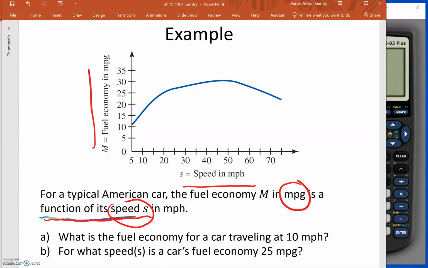All right. So what does our function look like? Well, as we speed up, as we press the accelerator and go faster, right, our fuel economy goes up for a while. So actually, it's more fuel efficient to drive at, say, 40 miles per hour than it is to drive at 10 miles per hour.